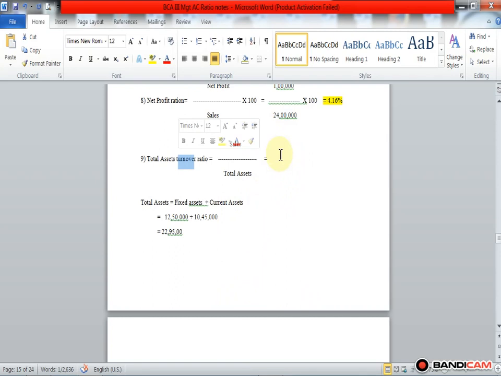Okay, so put the figures in the formula. That is 24 lakh divided by total assets, which is 22 lakh 95,000.